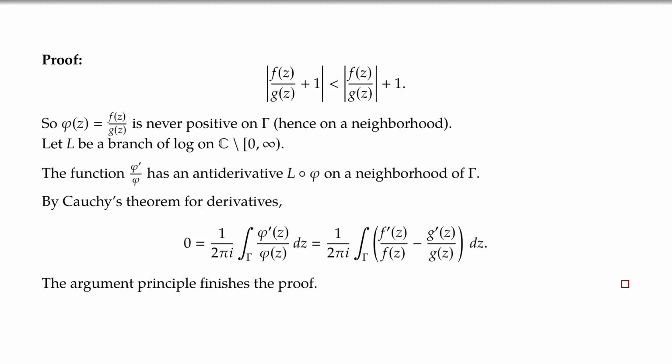And once we're there, then it's just argument principle to finish the proof. I mean, we basically have that the integrals from the argument principle for f and for g are the same. So that's the proof.